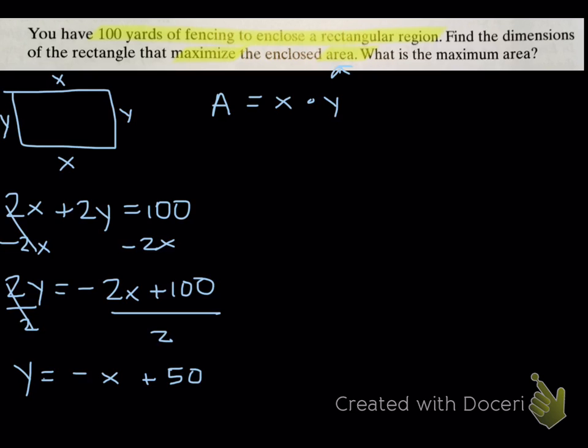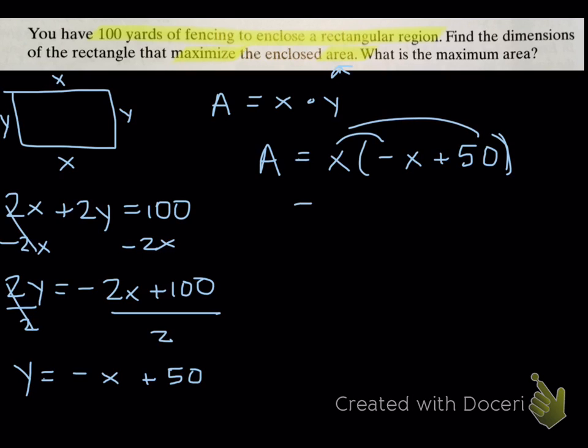Now I'm going to take what I got for y and plug it into the y of the area equation. So I have A equals x times negative x plus 50. And I'm going to distribute that x in. So I'll get negative x squared plus 50x.